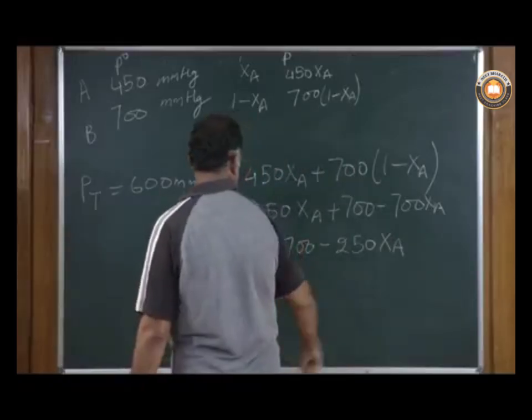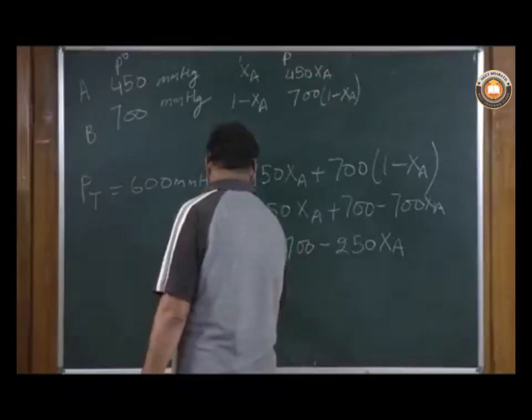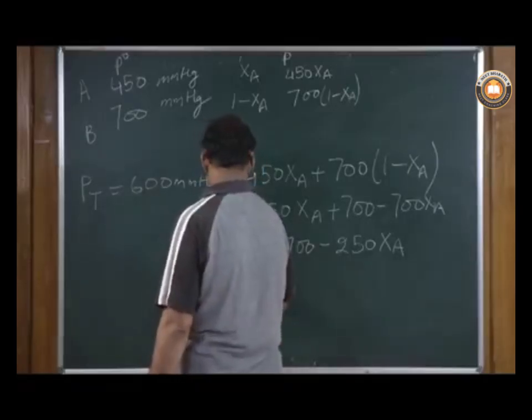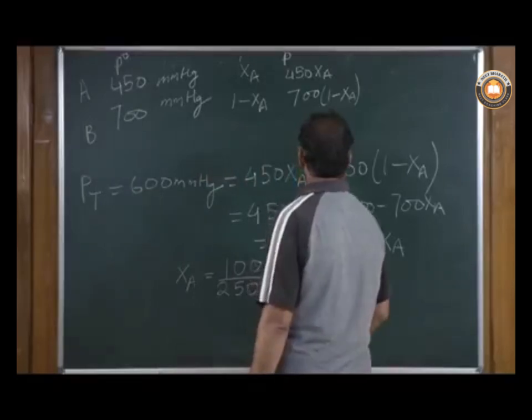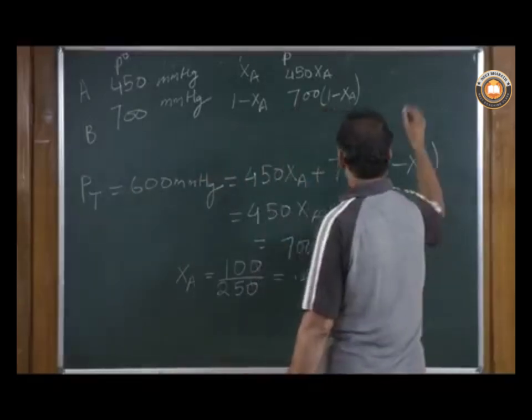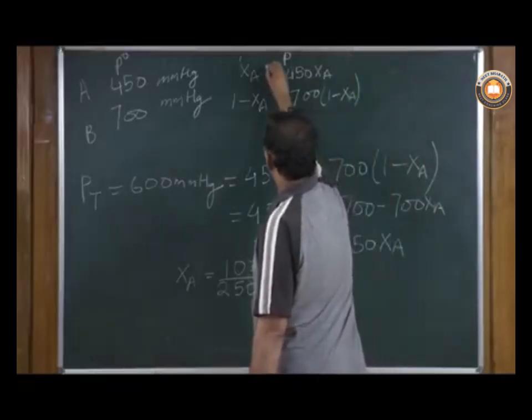Bringing to the other side, dividing by 250, I am going to get X_A is equal to 100 divided by 250. So, that is 0.4. So, we have found that X_A is 0.4.